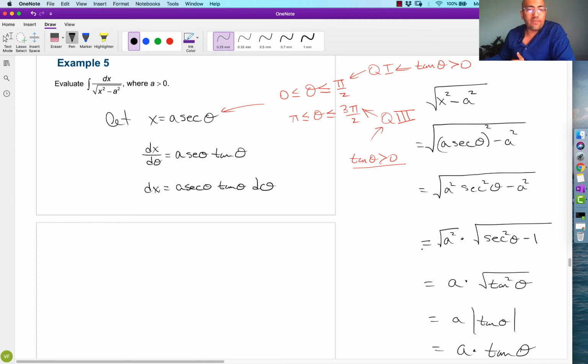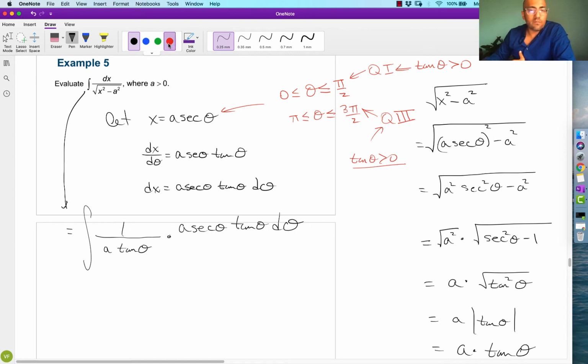Okay, so we have everything we need to come back over here and replace this. So we have that the integral is equal to, and then the denominator is just going to be a tangent of theta, times the dx, which is equal to a secant of theta tangent of theta d theta.